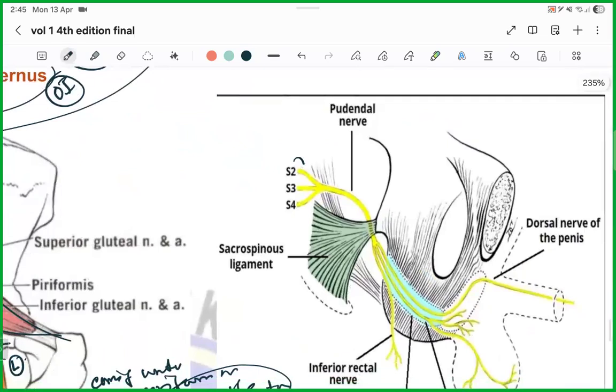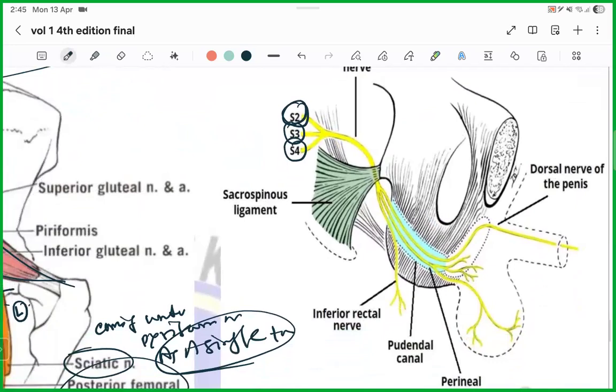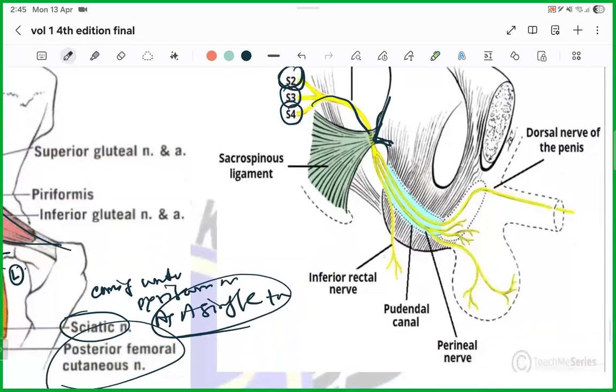Then we've got pudendal nerve from S2, 3, 4. Okay. And its course, remember, is above the ischial spine. This is the spine, above ischial spine, and it will supply your perineum. Okay.